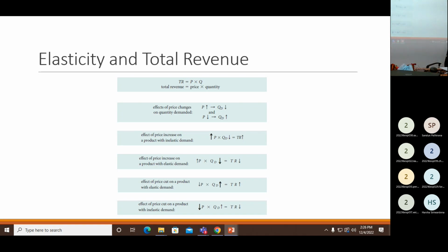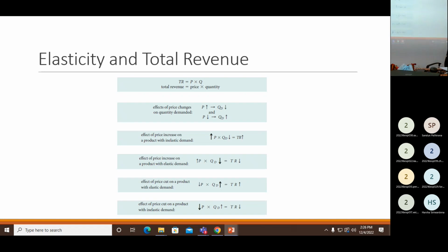So for a small percentage decline in price, let's say you decline price by 5%, your quantity demanded can increase by 30%. So if you want to increase your total revenue, drop the price slightly so that people will buy more and more. Your overall total revenue increases.